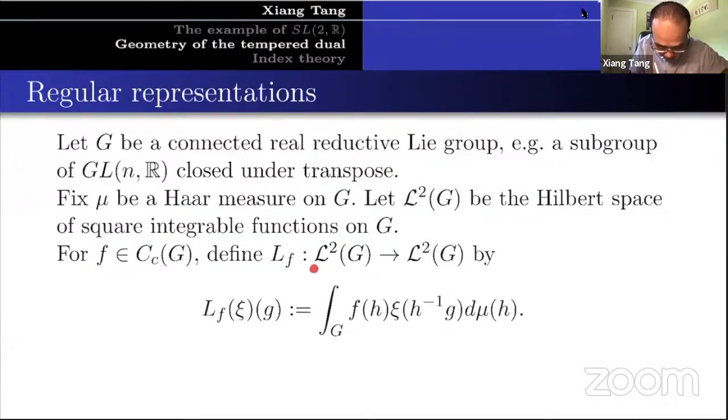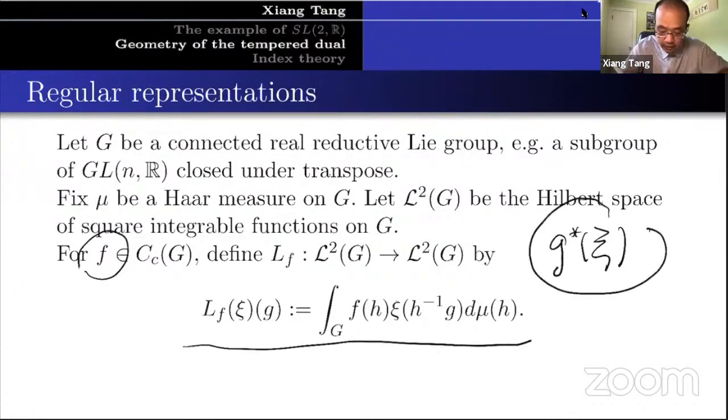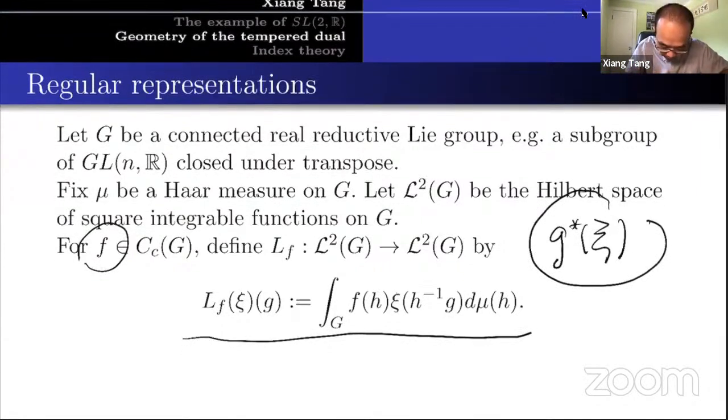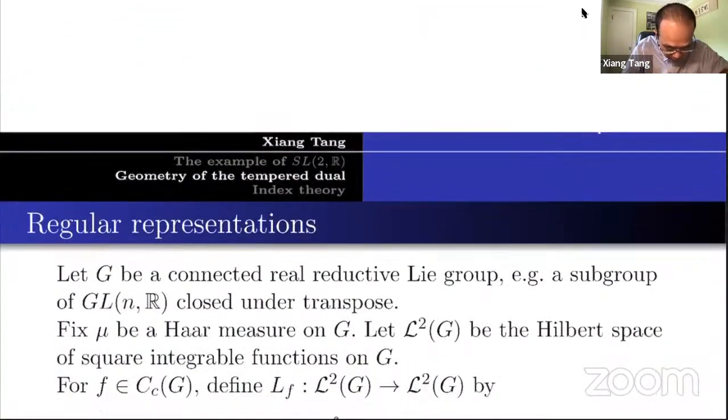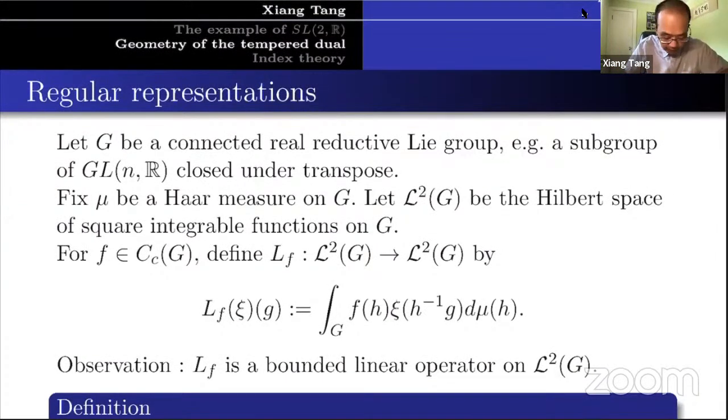Given any group element g, we can act on a function by doing a pullback. Given a function, we can extend this pullback in this form. In this way, we can check that L_f is a linear operator, which is actually a bounded operator.